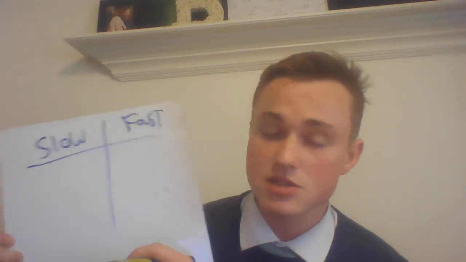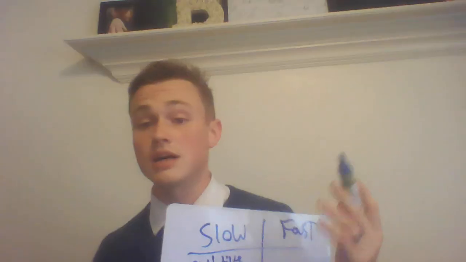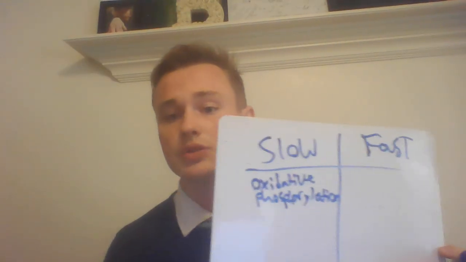Generally, what characterizes a slow twitch muscle is that a lot of its metabolism is focused on something called oxidative phosphorylation, which means it makes a lot of ATP per glucose.